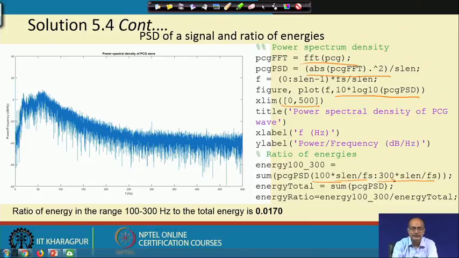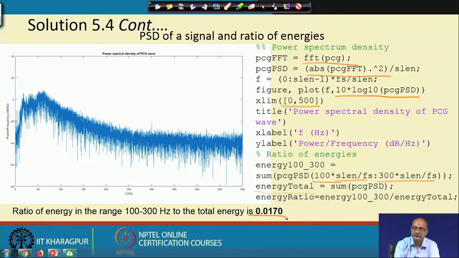Okay. Within this range, how much energy is there, we simply sum it up, and with that we also calculate the total energy. So, we can take the ratio of the two.